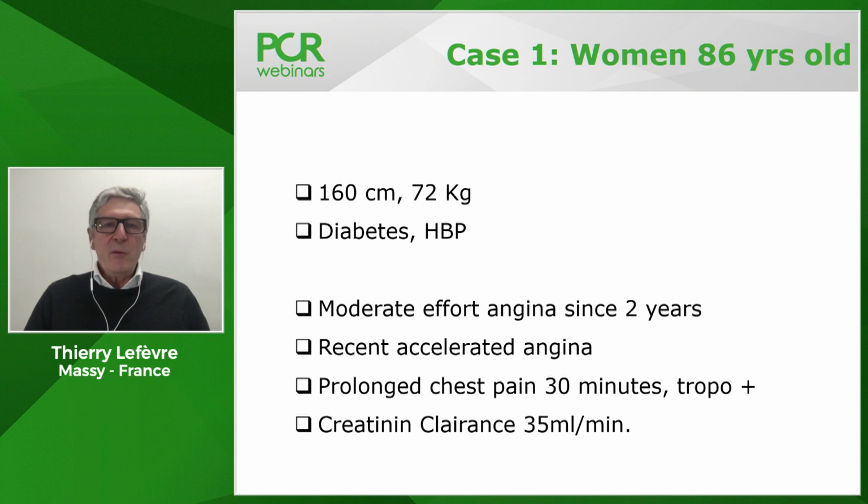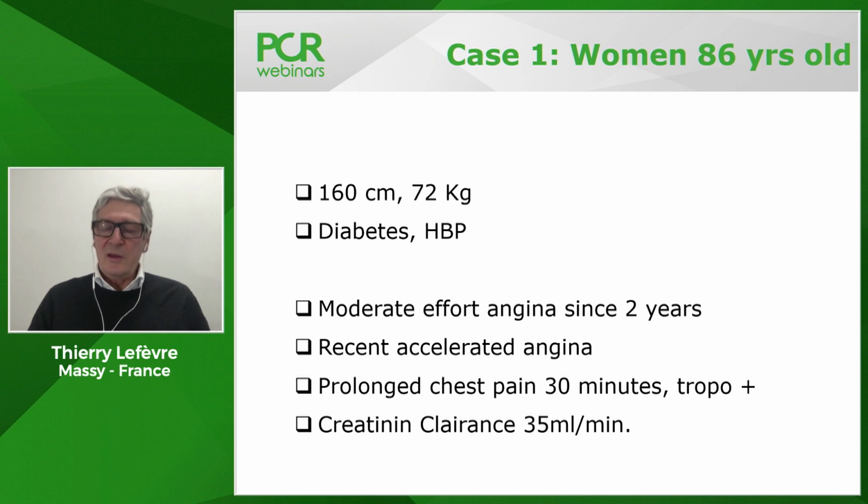So the case that I will share with you is a woman, 86-year-old, with diabetes and high blood pressure. She had a moderate effort angina since 2 years and recent accelerated angina, and then prolonged chest pain of 30 minutes with troponin elevation. Renal function is not optimal.